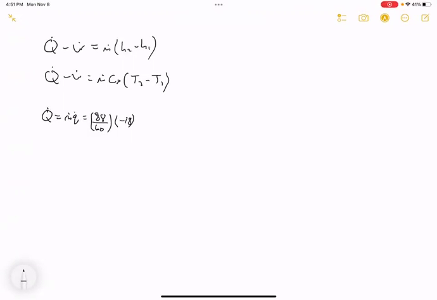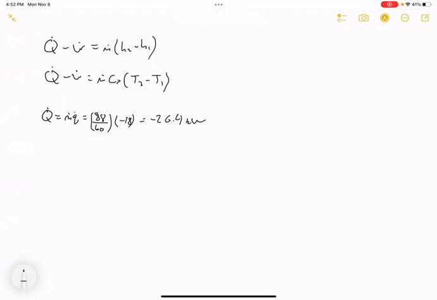So by the way, minus means that we're losing heat. It's giving off heat. So let's do this, 88 over 60 times minus 18. And this is giving us negative 26.4 kilowatts of heat loss.